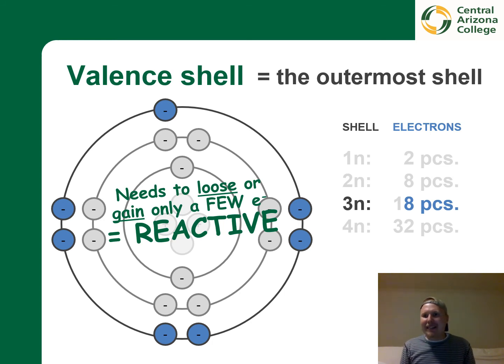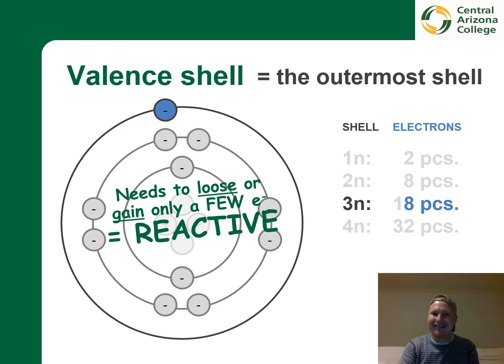So I have here an example of an atom that only needs one more electron to have its full valence shell. So it is going to be super reactive. And here is another example where this atom will have a full valence shell again, as long as it gets rid of this one electron from its outermost third shell.